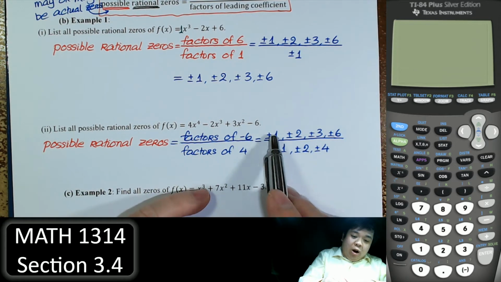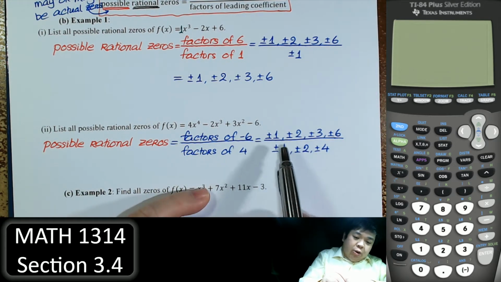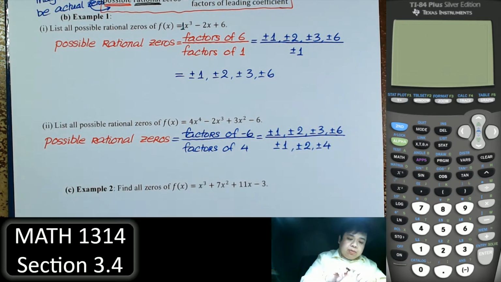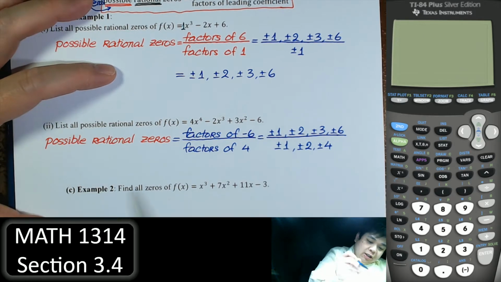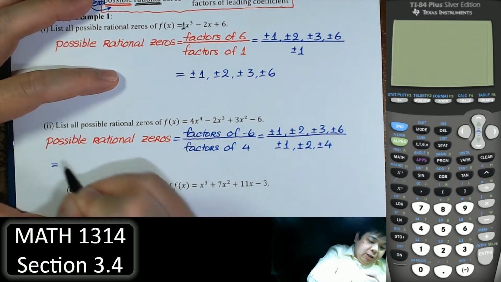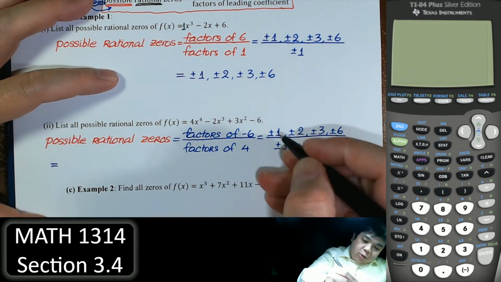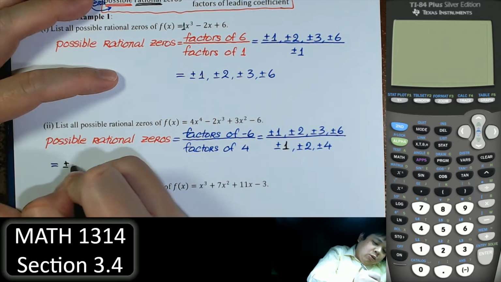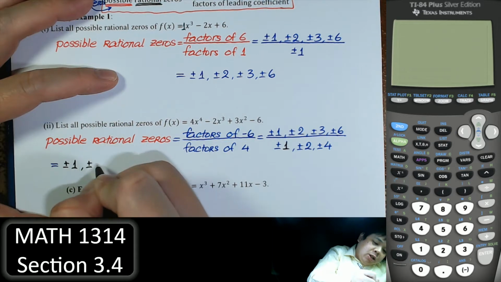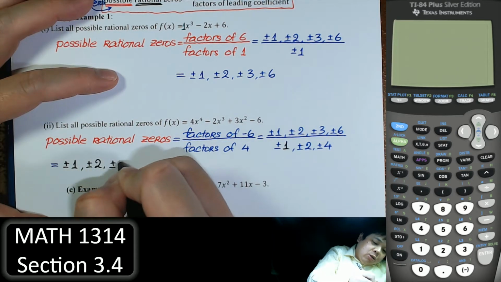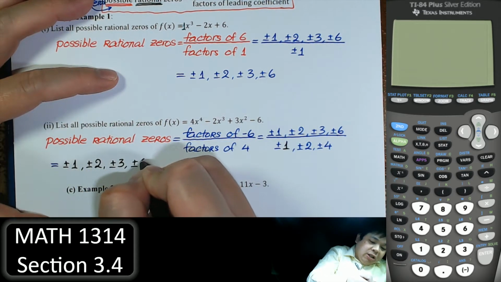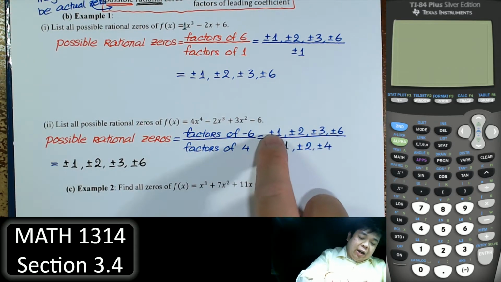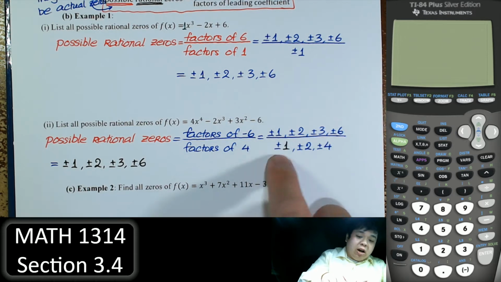We can write 1 over 1, 2 over 1, 3 over 1, and 6 over 1. If we divide all of these by 1, we have plus or minus 1, plus or minus 2, plus or minus 3, and plus or minus 6. Those are the possibilities if we take every number on top divided by 1.